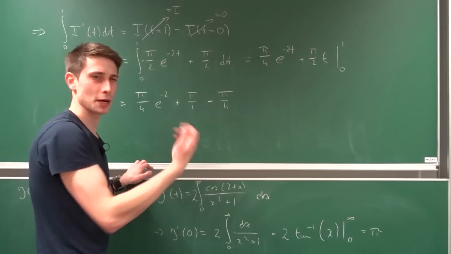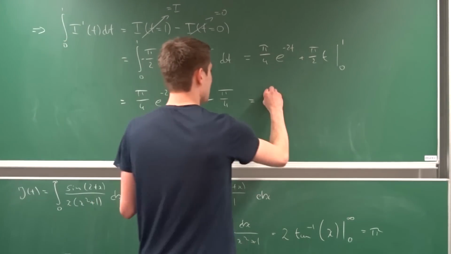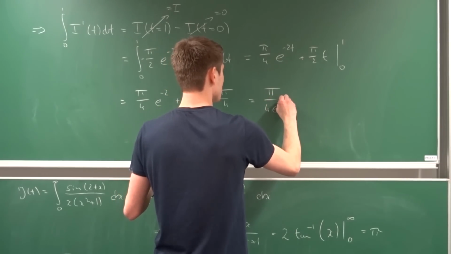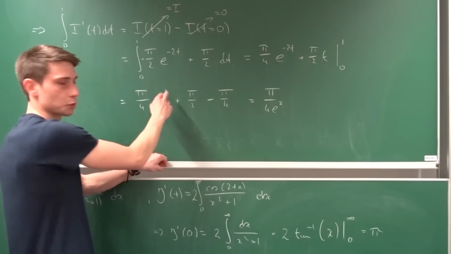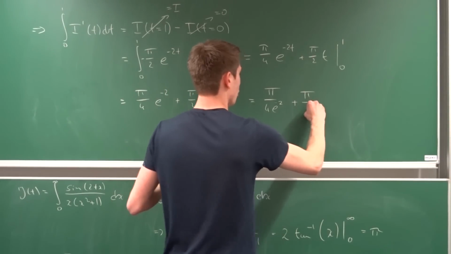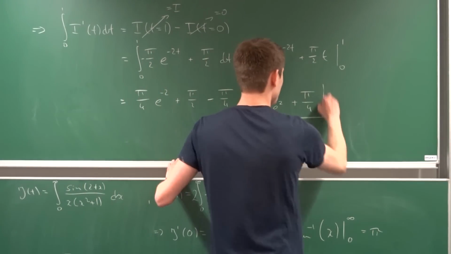But pi over 2 minus pi over 4 just gives us pi over 4. So in the end, our final answer to our integral is pi over 4 times e to the 2, I'm bringing this into the denominator, and then positive pi over 4. And that's the solution, my boys.